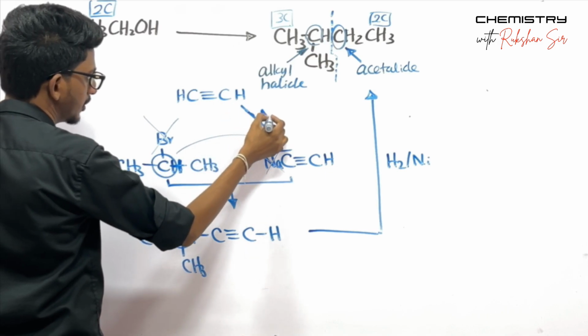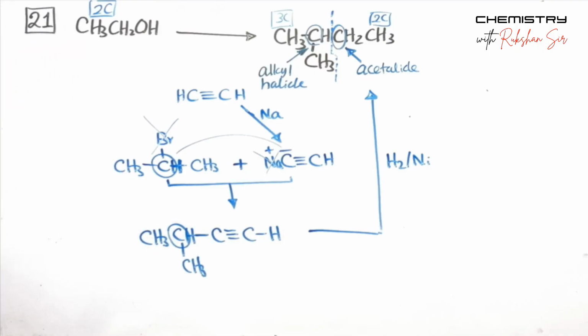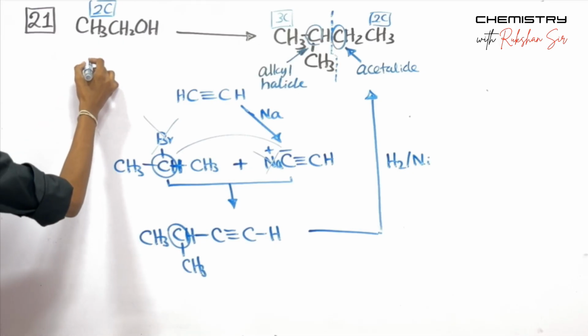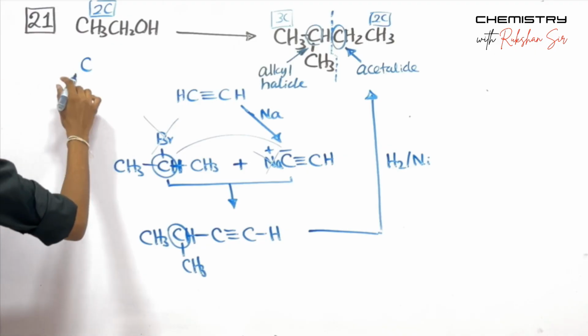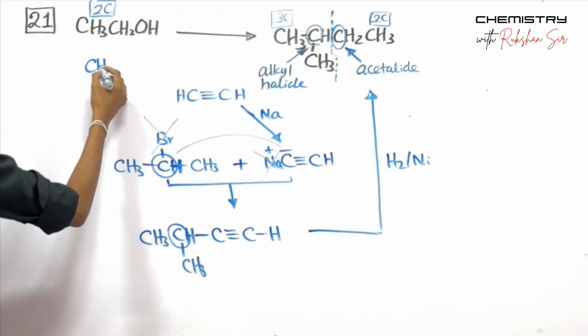For this, you need to add sodium in H2 to come up with the slide. So triple bond can be formed if you had double bonds earlier. If you had a double bond there, before this, you can form the triple bond at the same point, right?